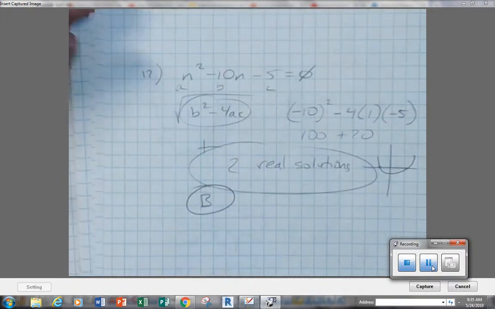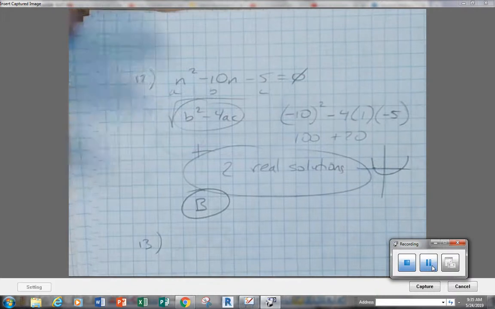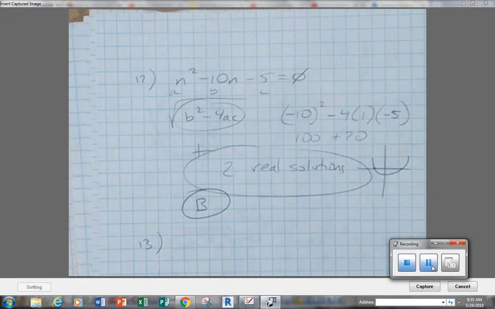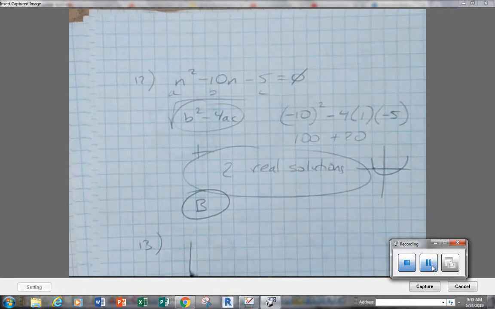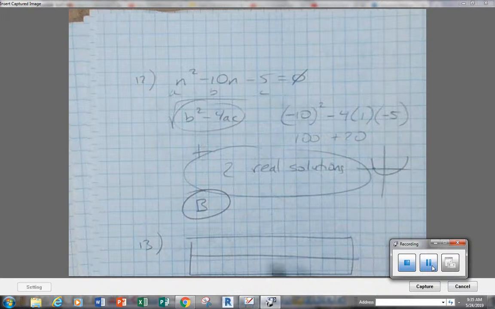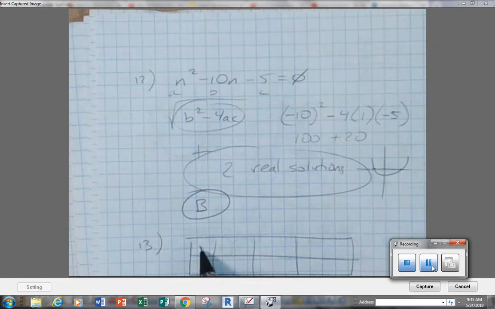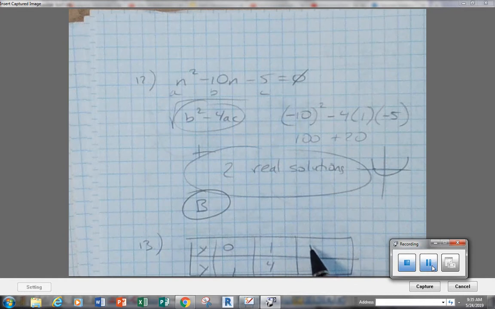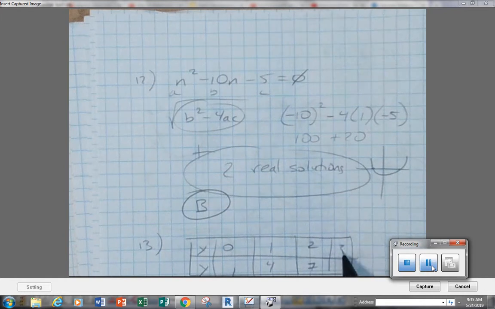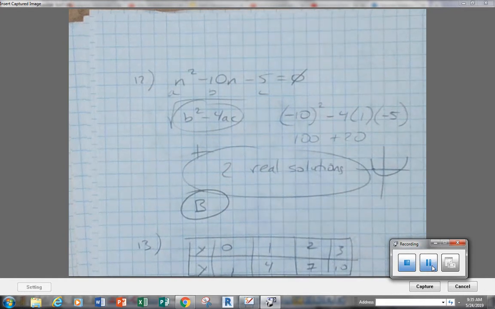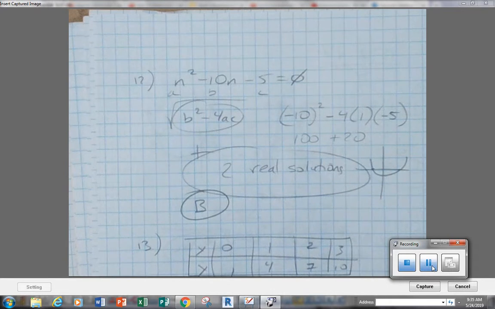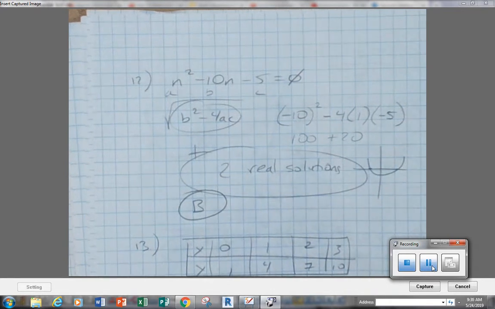13. Look at the pattern. This best describes the data. Looks like this is going up by 3, going up by 3, going up by 3.